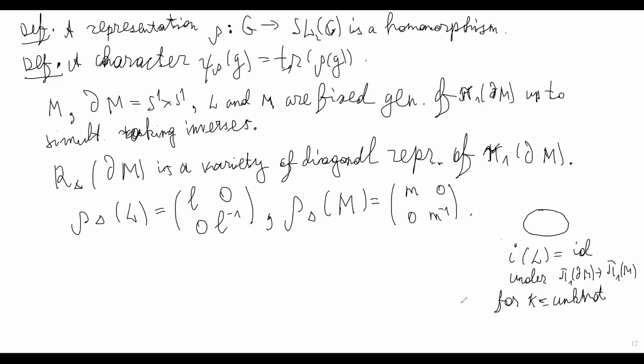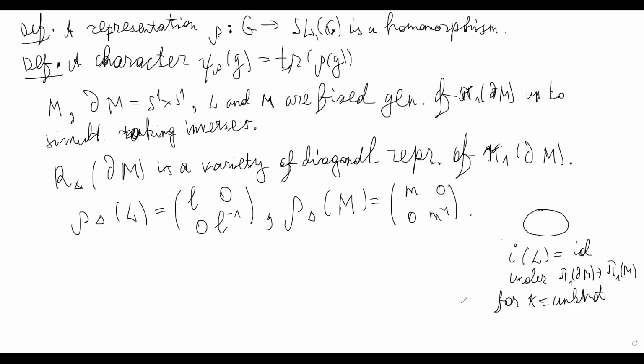So let me repeat that in English. We have two groups. One of them is the fundamental group of the boundary of our three-dimensional manifold, which is Z squared. And the other one is the fundamental group of the manifold itself, which we do not know yet. But we know that there is a homomorphism from the fundamental group of the boundary to the fundamental group of the manifold itself.